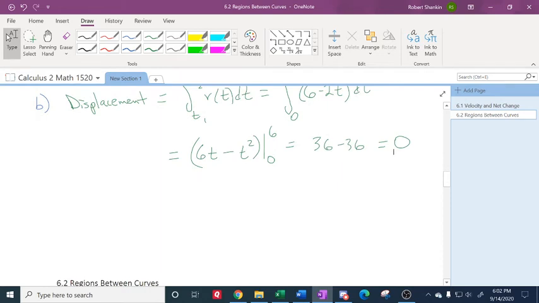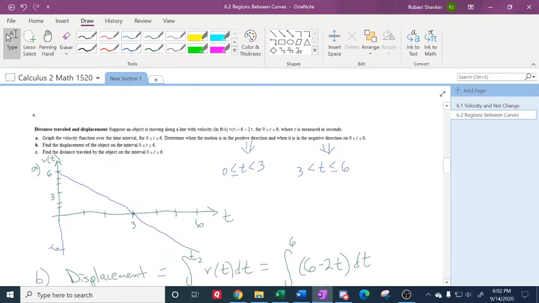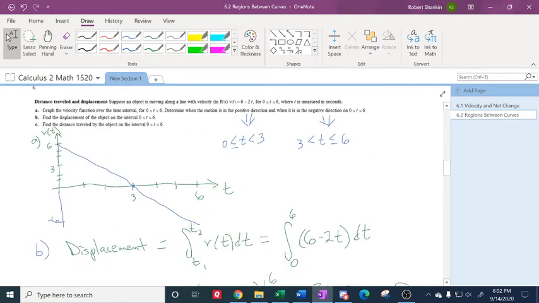And then part C, find the distance traveled by the object. Let me give you a minute. If you haven't already done the distance traveled, do that now.